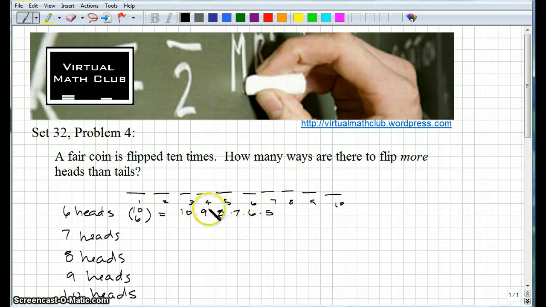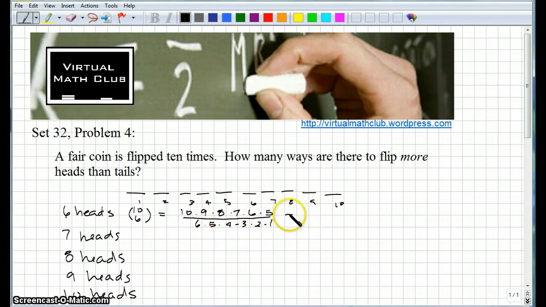Okay, but remember that these H's, these heads, are interchangeable. They're identical, so we actually have to divide this by 6 factorial, which is the number of ways to arrange the heads. Okay, so 6 factorial is 6 times 5 times 4 times 3 times 2 times 1.